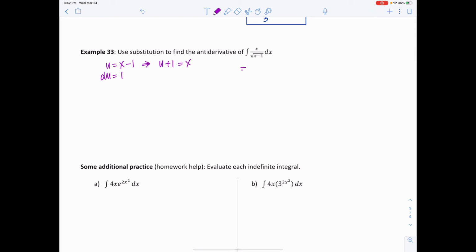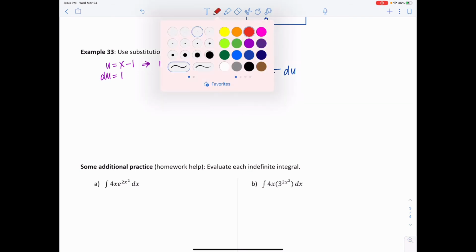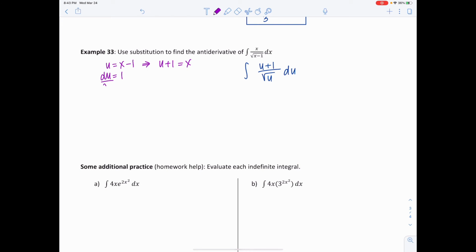So I can rewrite this integrand as u plus 1 on the top and square root of u on the bottom. And then, sorry, this should be du over dx, which really means du and dx are the same, so I'm replacing the dx with du.